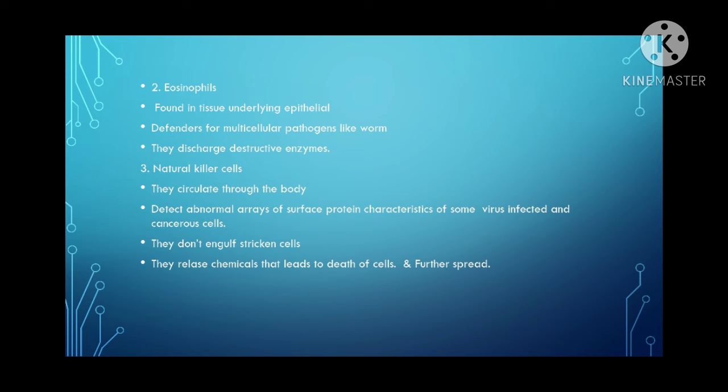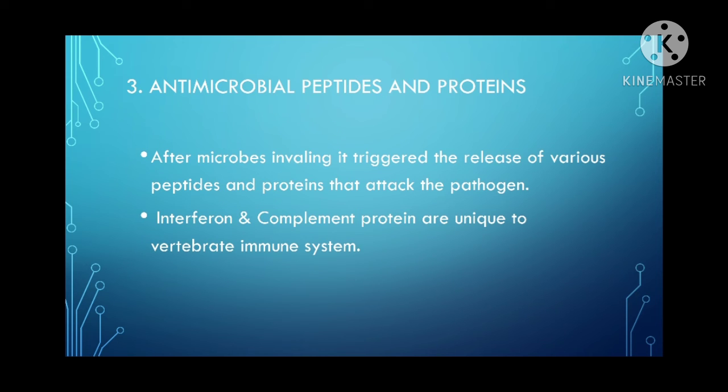So the third way by which the innate immune system can respond is antimicrobial peptides and proteins. Whenever an infection takes place, the invading microbe triggers the release of various peptides and proteins that attack the pathogens.